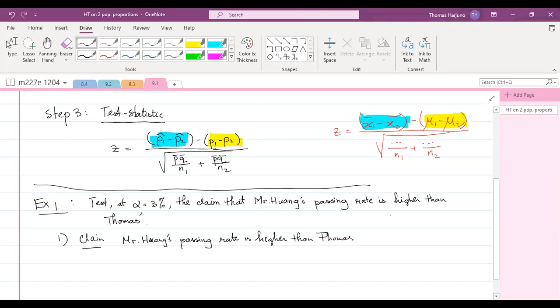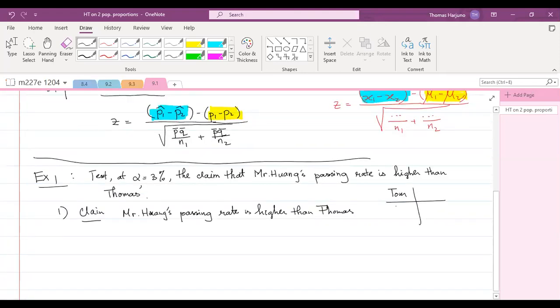And let's say here's the data from Thomas' class. We can call that the first group. The number of students in that class, let's say 12, and the number of students passing is 4, while in Mr. Huang's class, there are actually 17 students, and the number of students passing is, let's say, 8.